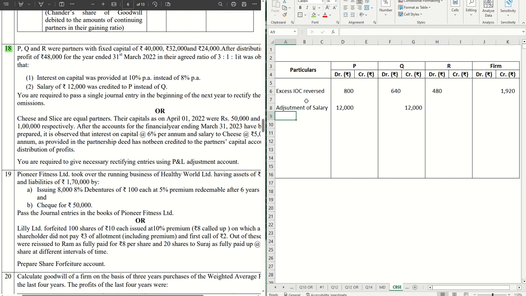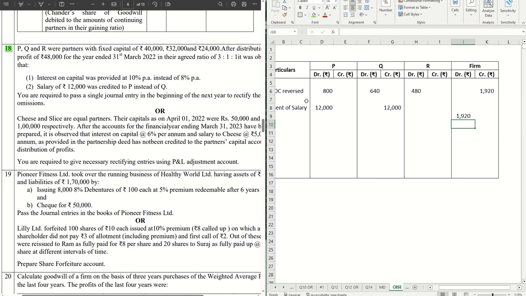Straightforward, nothing else is there. So this excess interest on capital that we have taken back from the partners, this will be redistributed to them in their profit sharing ratio. So 1920 will be redistributed. So that was like redistribution of the profit in their PSR.